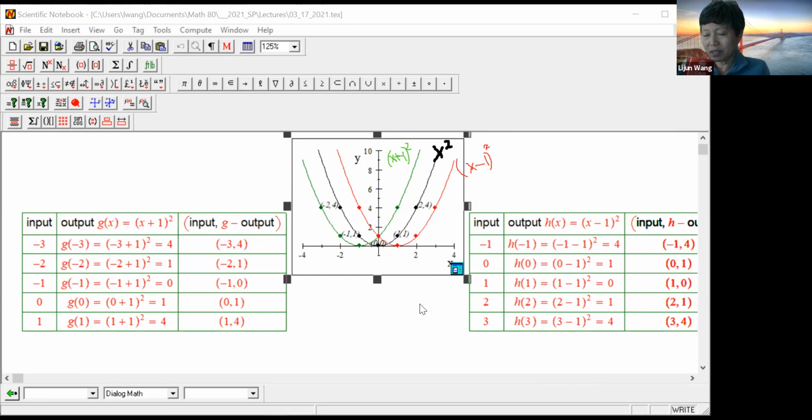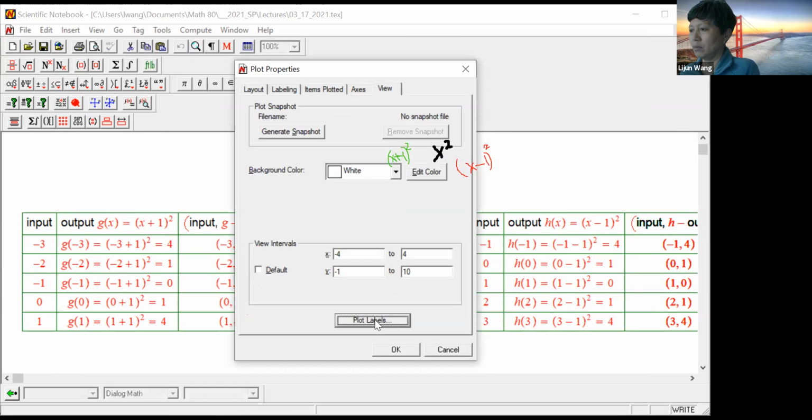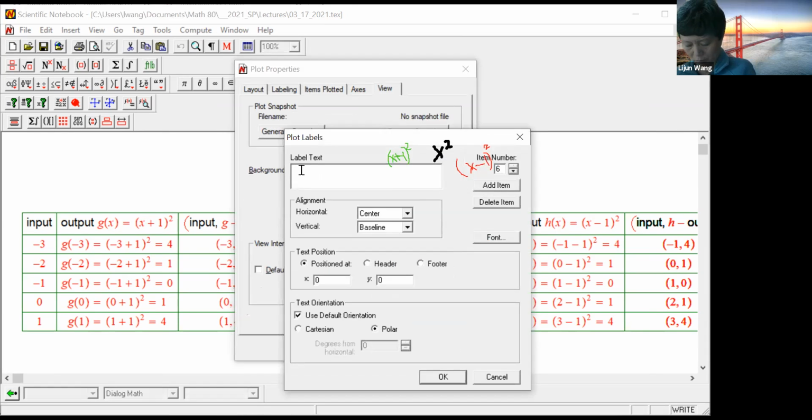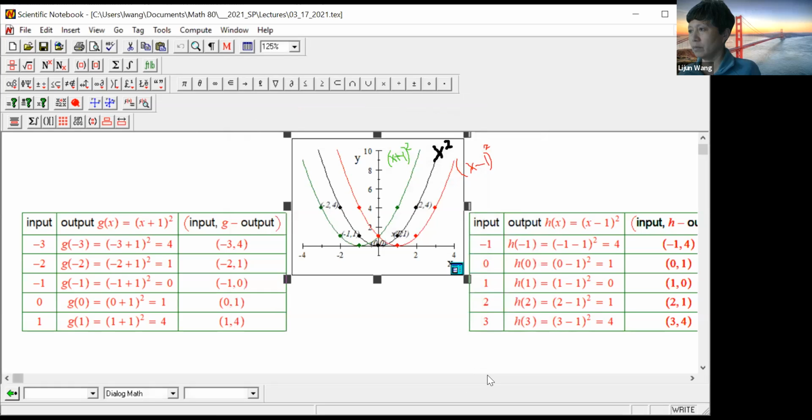Why did she choose the points the way she did? Any idea?